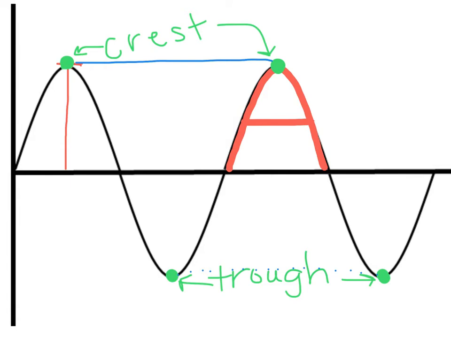When we start with a point that's on the equilibrium line, that's where people get confused. So let's say that we're going to start measuring right here at the very, very beginning, and I want to know how long is my wavelength. Well, what I'm going to have to do is trace my wave. It goes up, and then here it's crossing that equilibrium line again, but it's not the same position because over here I was starting up.